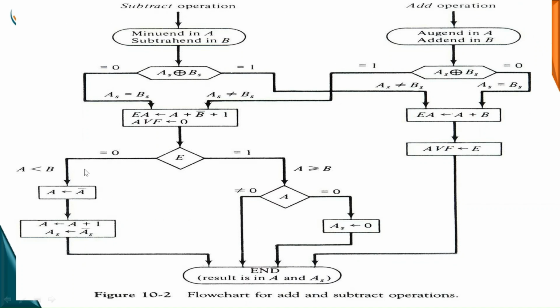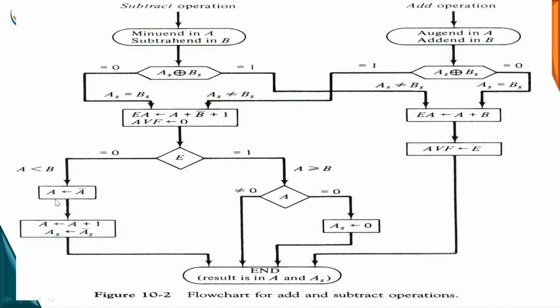If the E flip-flop, the carry flag, contains a 0, it indicates that A is less than B. When A is less than B, you have to perform a 2's complement of A. Whatever is in A is not your actual result; you have to perform a 2's complement of your result to get the actual result.